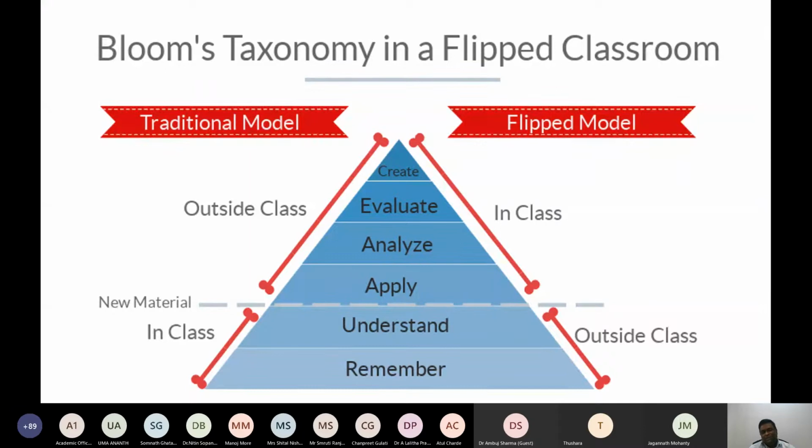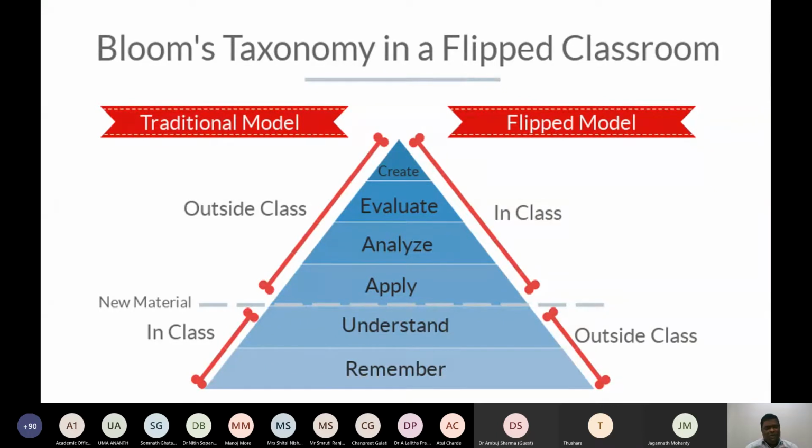But in the flipped class model, what is happening? Let the students understand and get the knowledge outside the classroom. Whenever they come to the classroom, it is a wonderful opportunity for them to share their thinking and get feedback from others who are also in the classroom. Classroom opportunity is a unique opportunity.